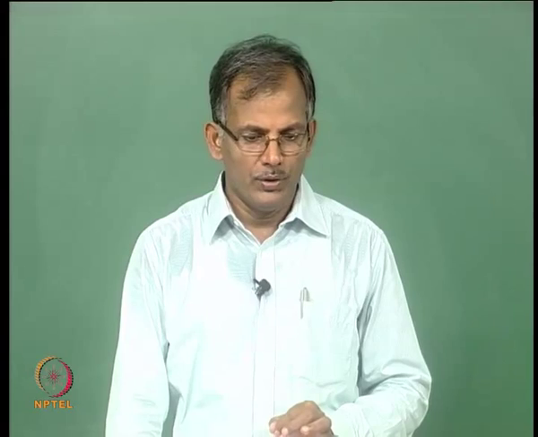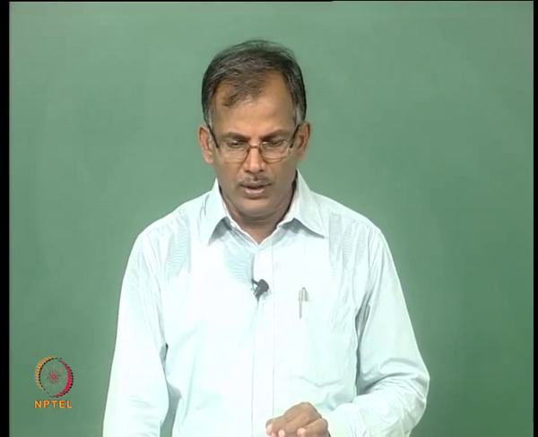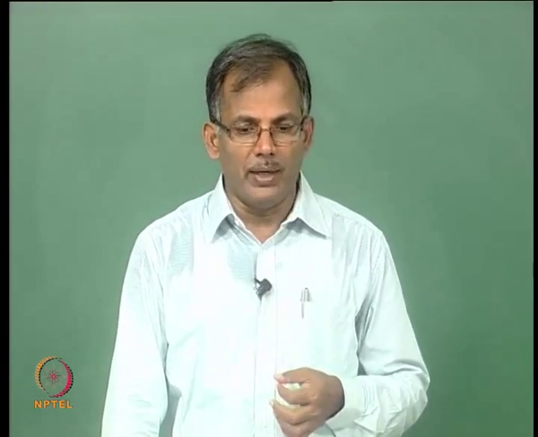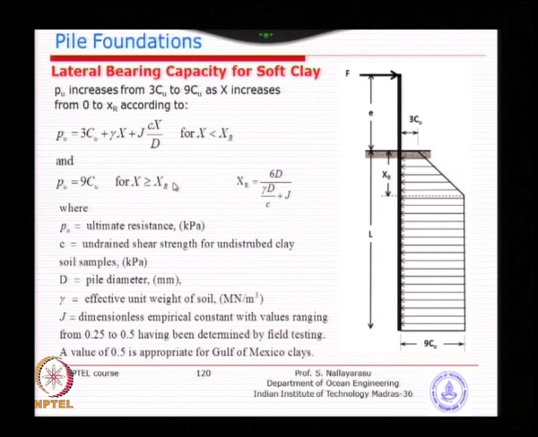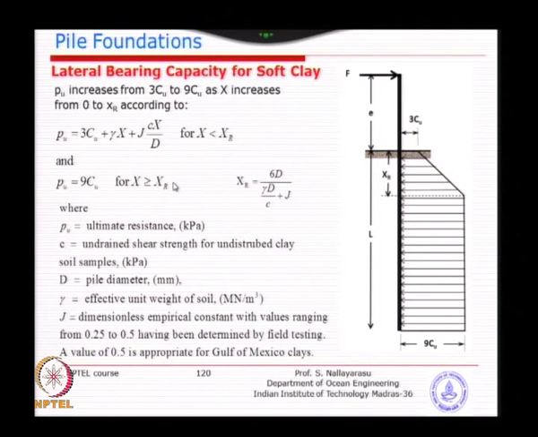Just now it is a unit value. Suppose you want to find out the distribution along the length of the pile, then you need to multiply by d, that means Pu times d will give you the resistance per unit length, because later you will need to integrate for the total length, so you multiply by the length itself.